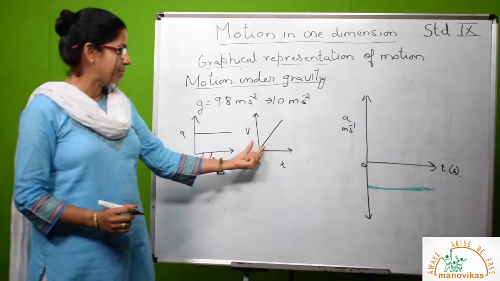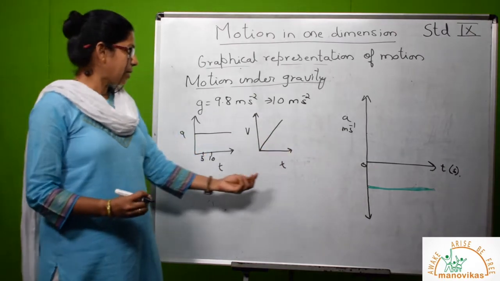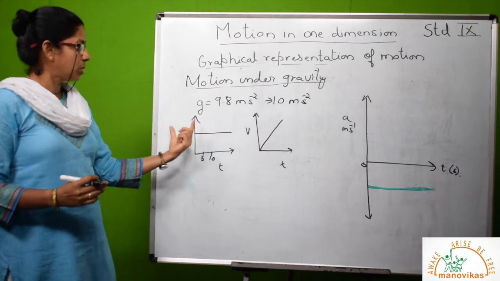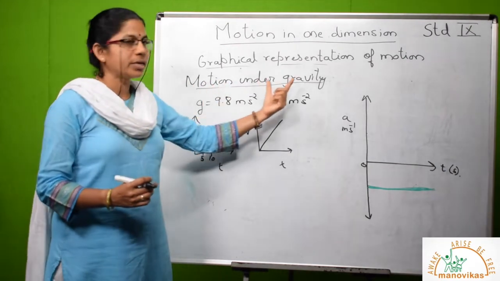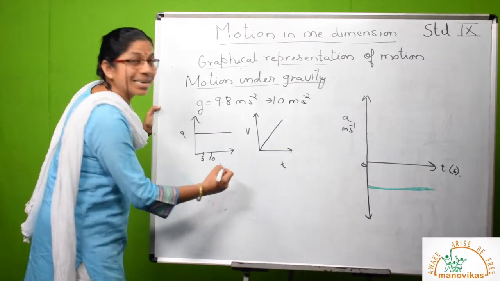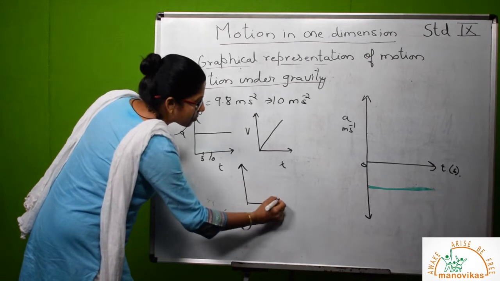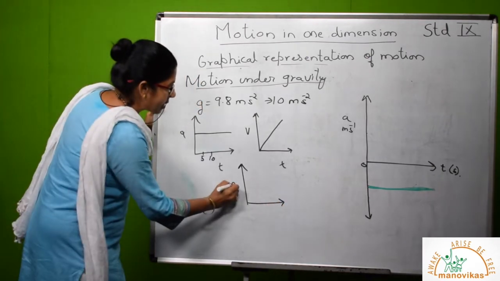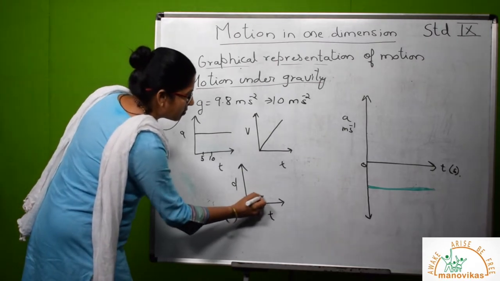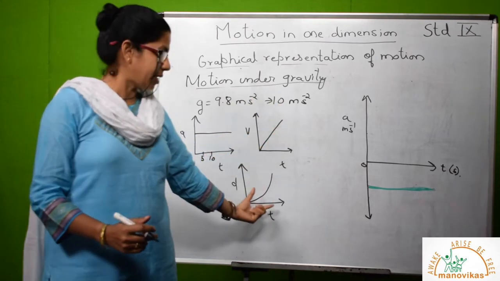So that means it represents uniform velocity. Correct? So this is the information that you get from motion under gravity, and if you have to show a displacement time graph, it will be a curve like this. This is true for motion under gravity.